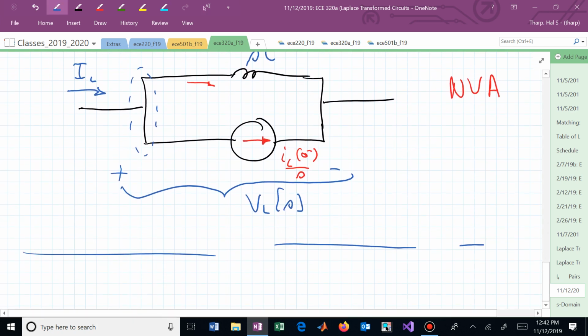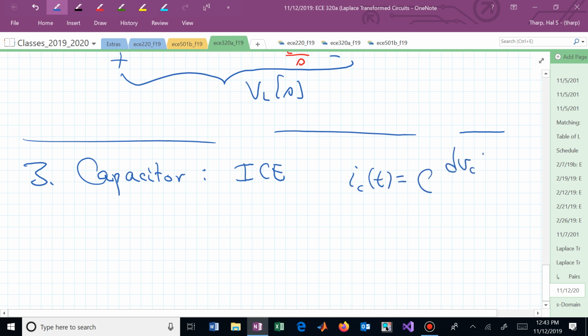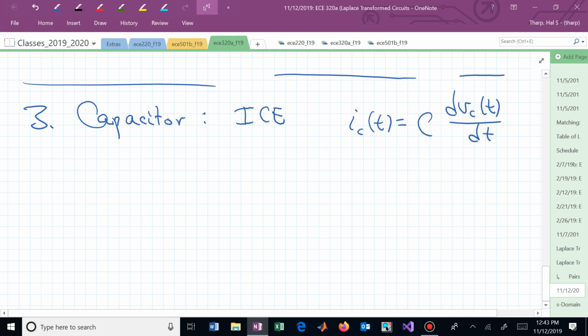Let's now move on to the capacitor. Where ICE now gives us the current voltage relationship. We know that I sub C is now proportional to the time rate of change of the voltage across that capacitor.